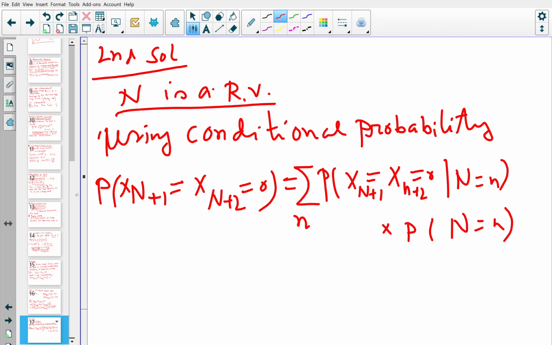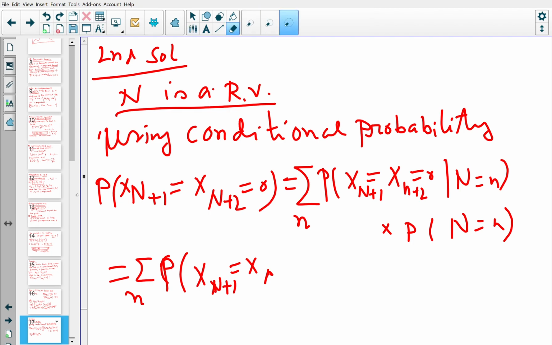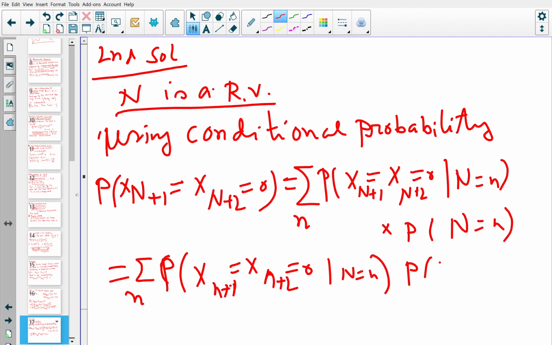Now this formula tells you that the right-hand side can be written as the sum over n, that is, over the whole distribution. This is the probability that x_{n+1} and x_{n+2} are both 0, given N equal to small n, times the probability of N equal to small n.